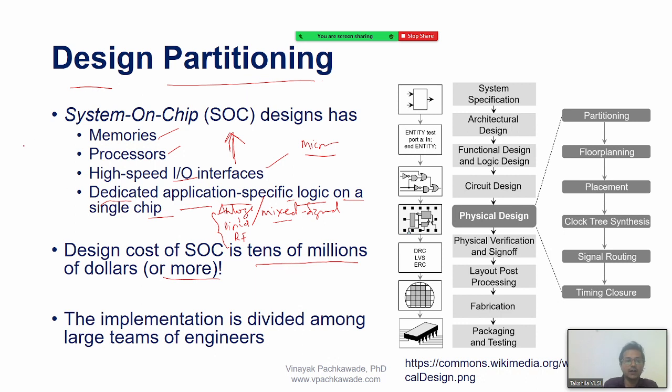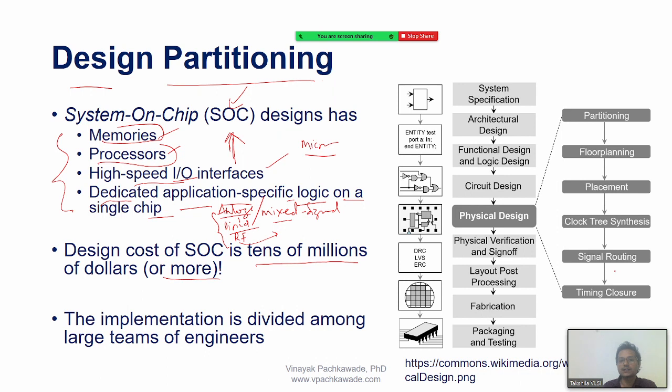If I have a team of 10 engineers, I will not ask any one of them to design the full system on chip. No, I will have to assign memories, processor, interfaces, analog blocks, digital blocks, RF blocks to each individual engineer, right?